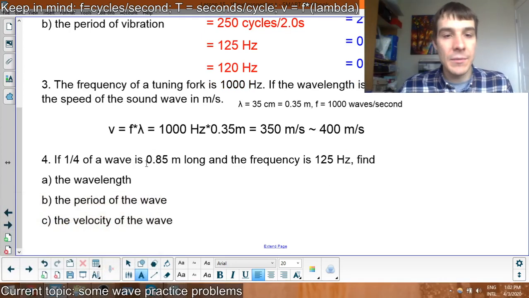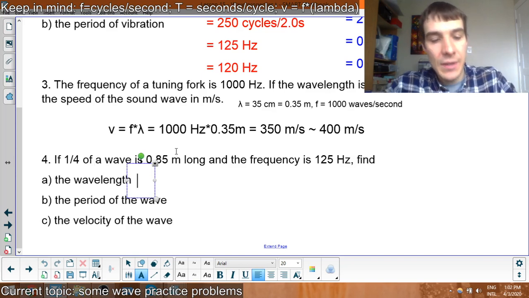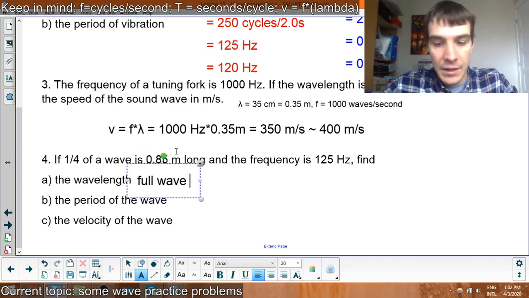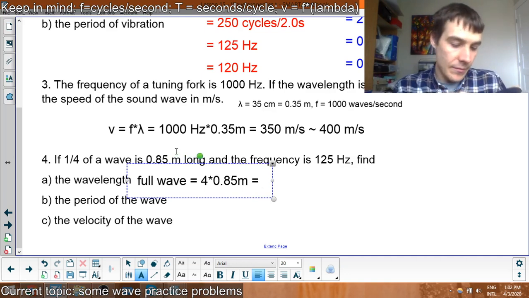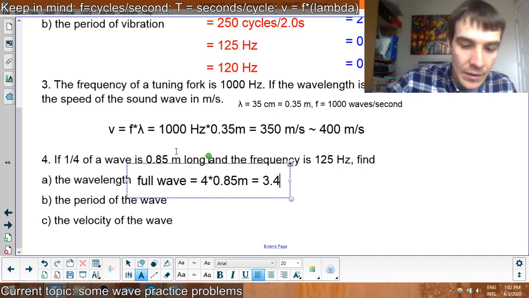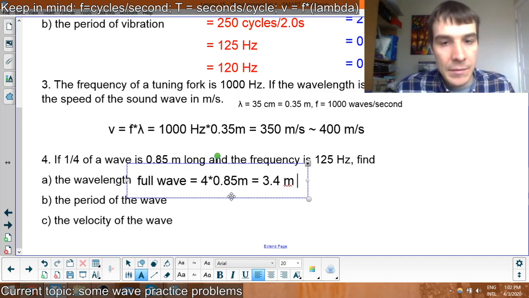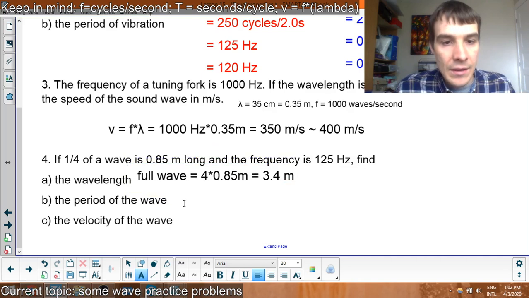And then this one here, I'm going to push this over to the other side. 1/4 of a wavelength is 0.85 meters long, and the frequency of the wave is 125 hertz. So let's find the actual wavelength. Well, if 1/4 of a wave is 0.85 meters, the full wave is going to be 4 times 0.85 meters, which is 3.4 meters. The frequency is 125 hertz.